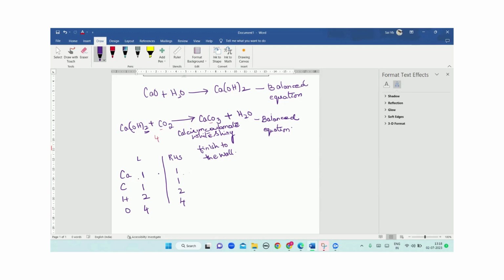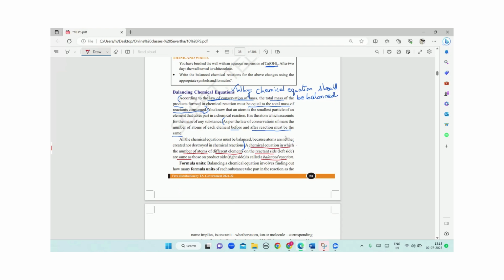So when the number of atoms on the reactant side and on the product side are the same, what are we calling it? Balanced equation. So that will be your answer for the question, what is a balanced equation?